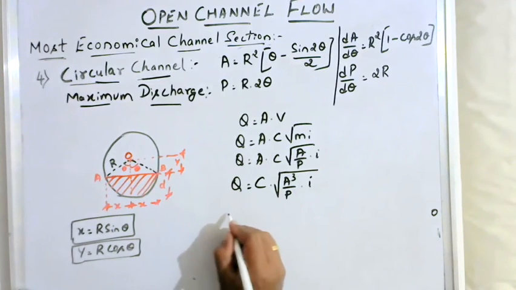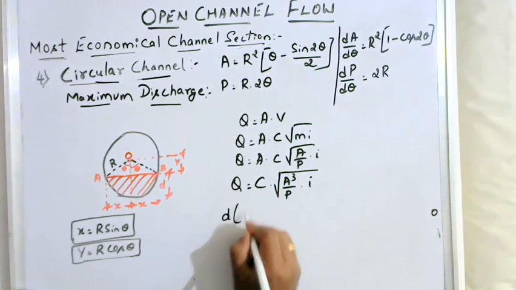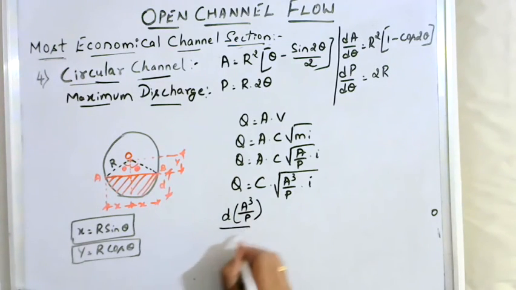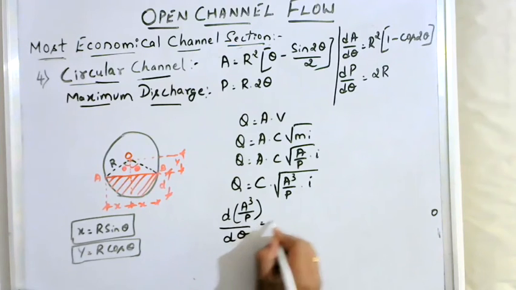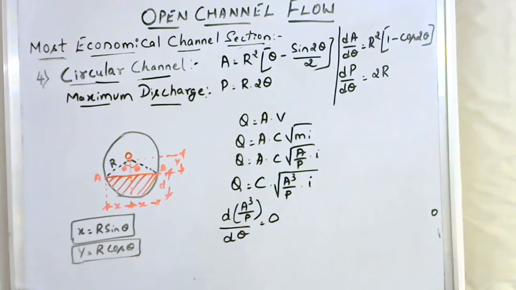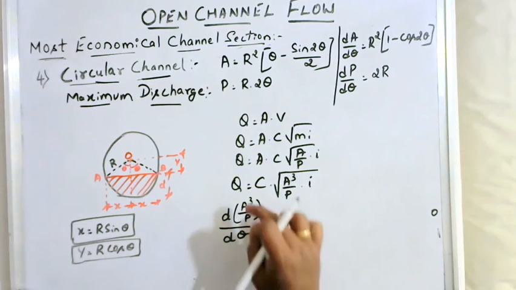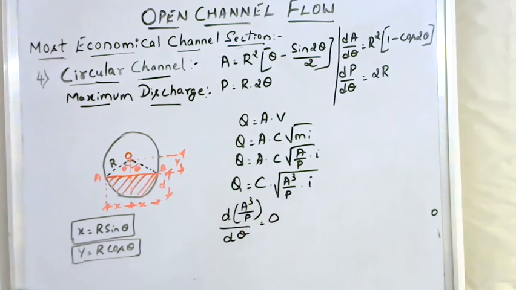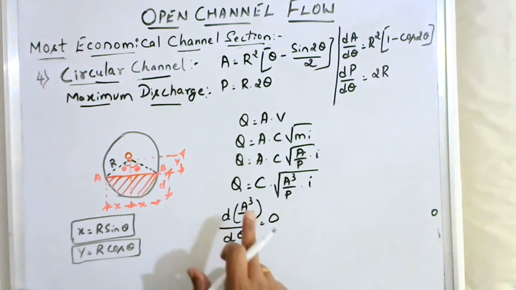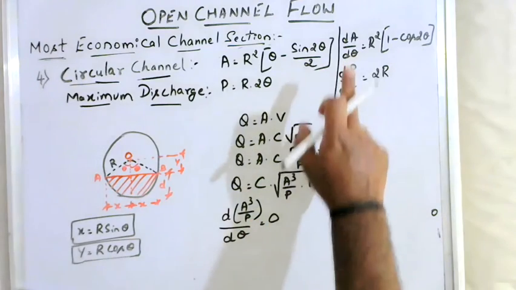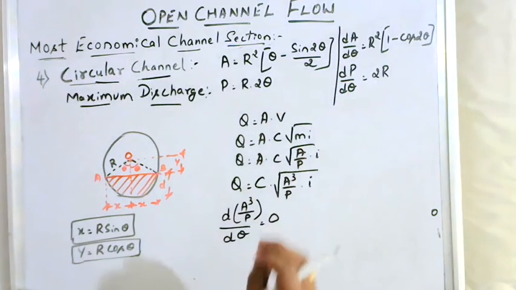This becomes maximum only when the differentiation of A cube by P with respect to theta is equated to 0. You will get the maximum discharge condition. For A cube by P, apply the quotient rule. After that, you substitute the values of dA by d theta and dP by d theta, simplify, and get the value of theta.